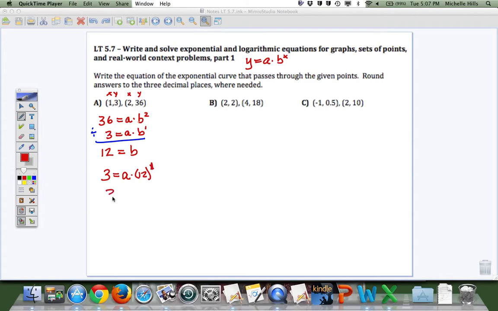So 3 equals 12a, which means a has to equal 3 divided by 12, which is 0.25. My final equation, y equals 0.25, which is my a, times b, which is 12, to the x power.